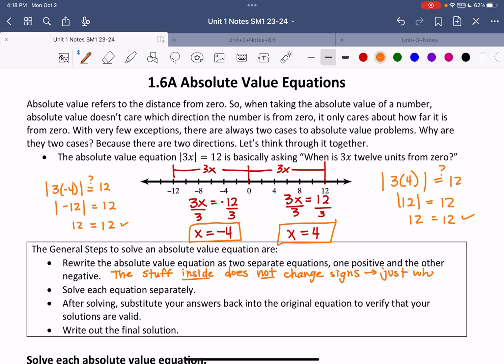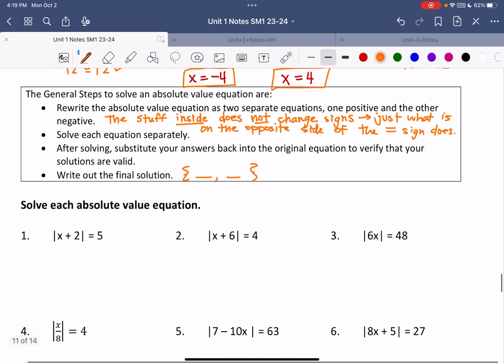Just what is on the opposite side of the equal sign does. Okay. Solve each equation separately. After solving, substitute your answer back into the original equation to verify that your solution is valid, and then write out your solution. We're going to use set notation, which is these squiggly brackets, and then you just fill in the numbers as you go.